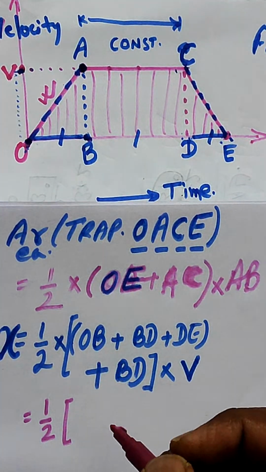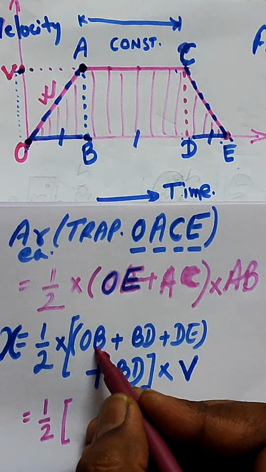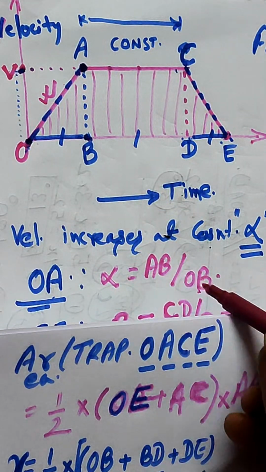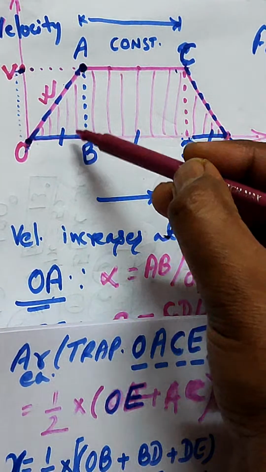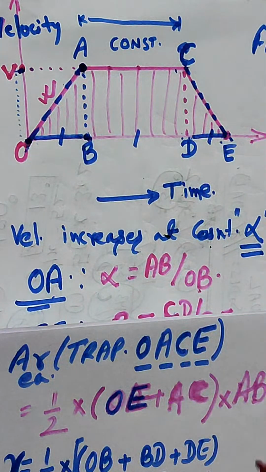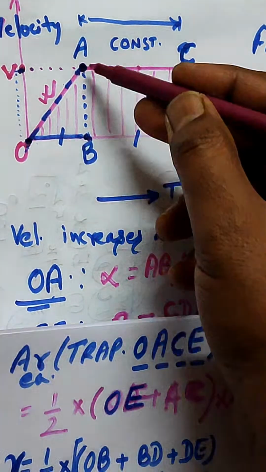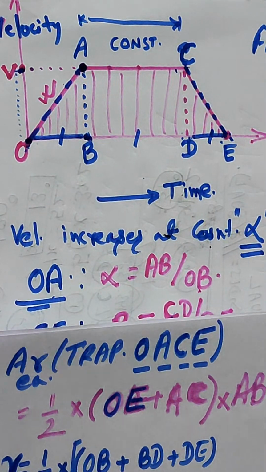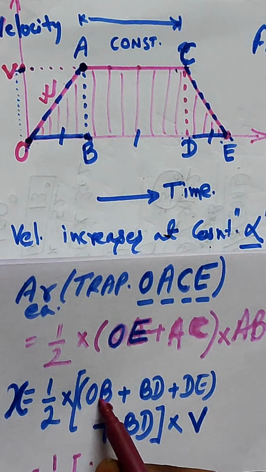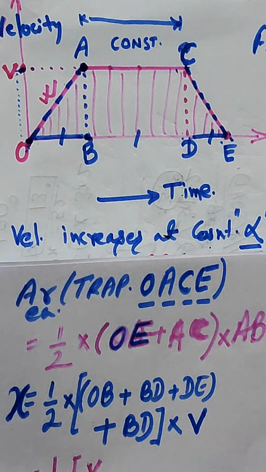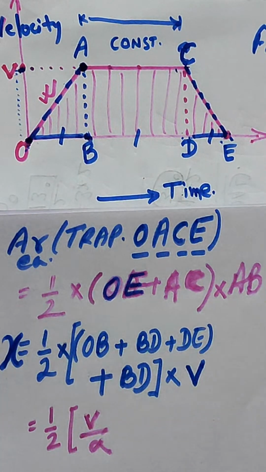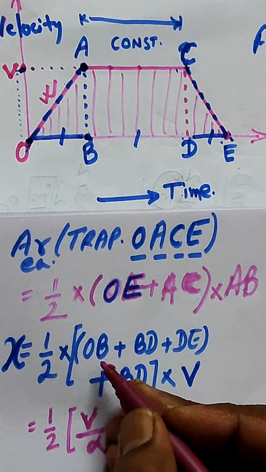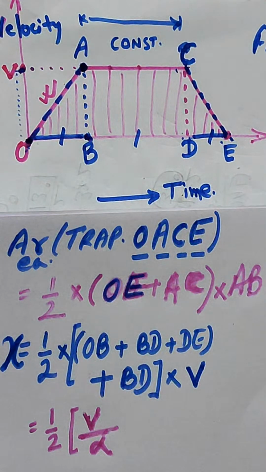Changing the pen so that it's easily distinguishable. AB is V. So this OB is given as V by alpha, isn't it?